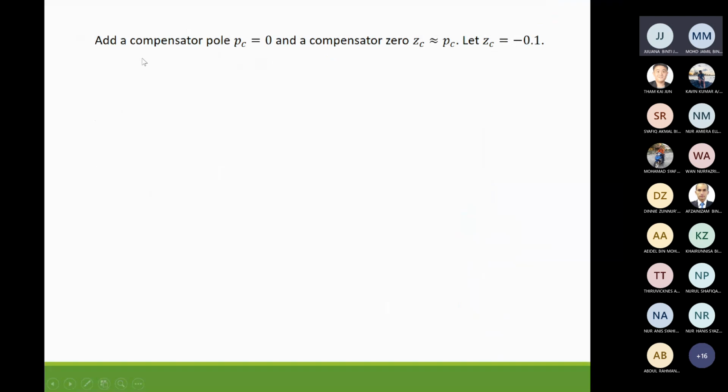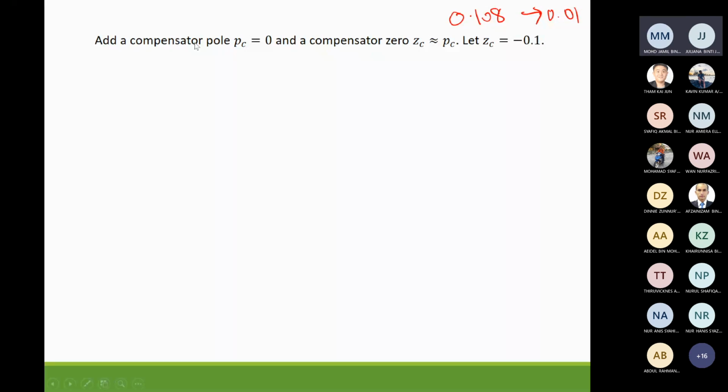And then let's say you want to improve the system steady state error. The steady state error just now is 0.108. So let's say you want to reduce the steady state error more, maybe to make it 0.01, for example. You want to make the steady state error even smaller. So you can add a compensator.